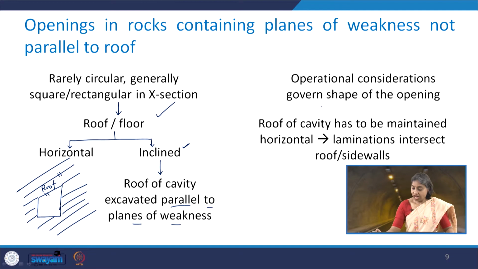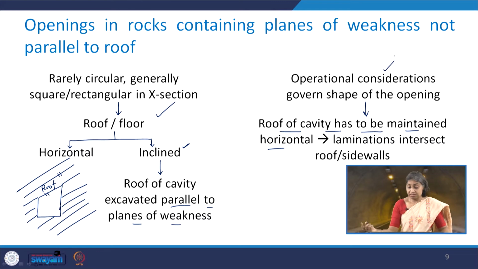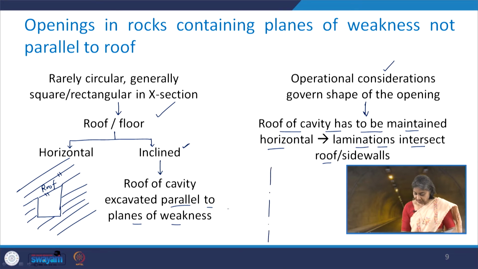But in case you have the situation where operational considerations are governing the shape of the opening, in that case the roof of the cavity has to be maintained horizontal because it is the operational consideration. So in such cases, what will happen is that the laminations will intersect the roof or the side wall. See how it looks like. Now say here I have the opening like this.